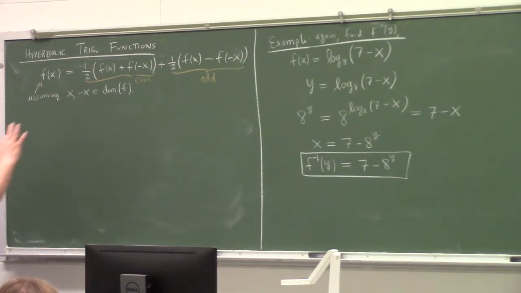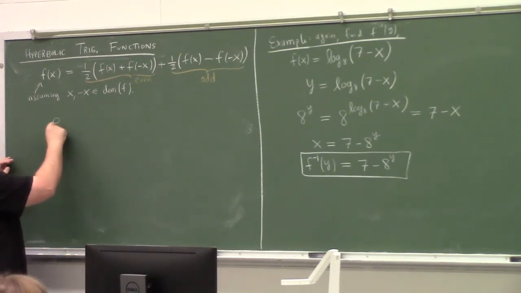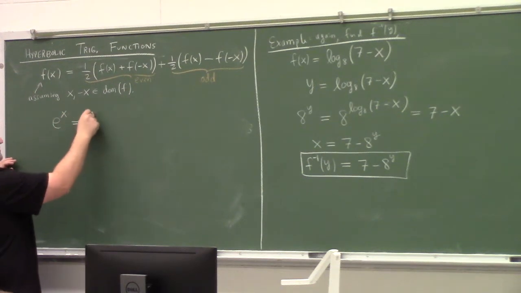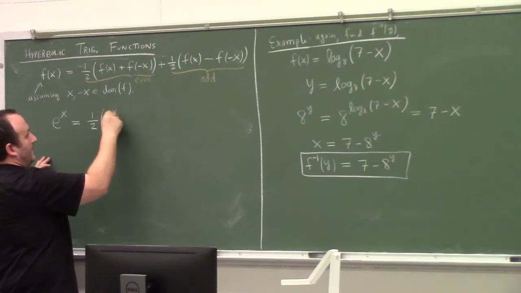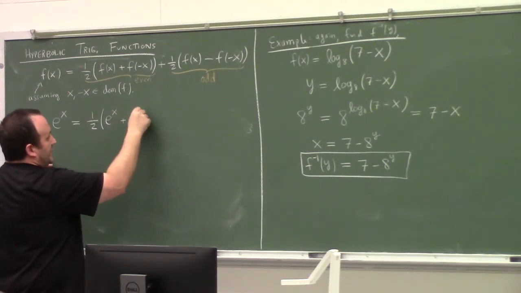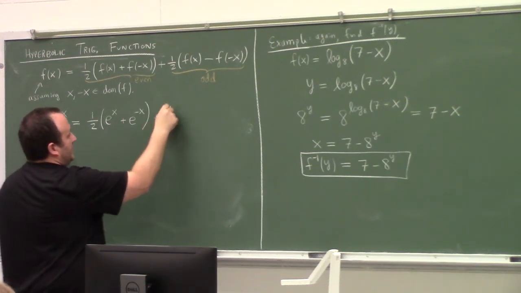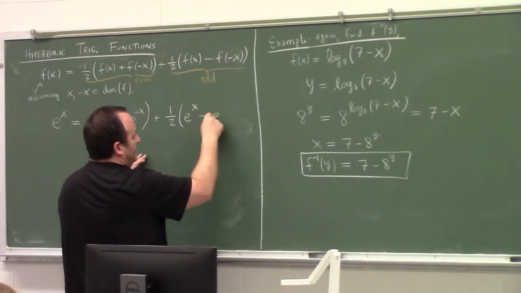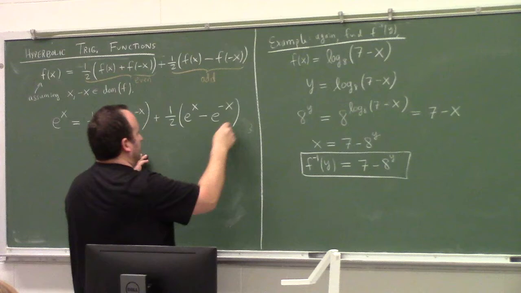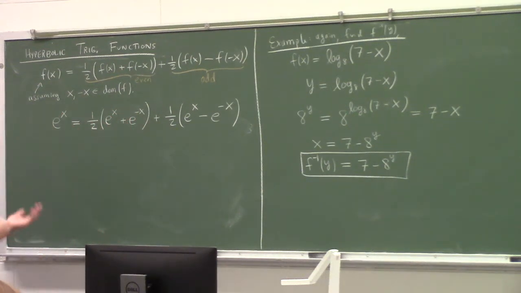Now, what happens when we apply this to the exponential? We have 1/2 (e to the x plus e to the minus x) plus 1/2 (e to the x minus e to the minus x). So this gives me two functions, which are even and odd, and we have names for these.